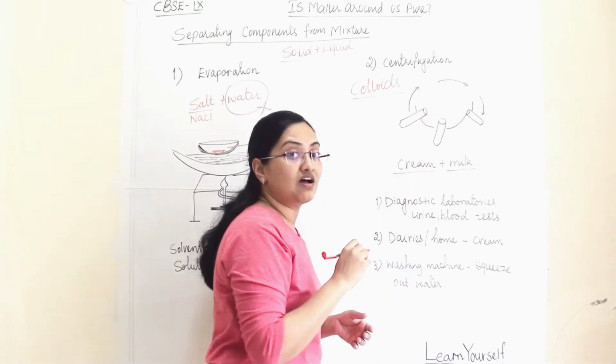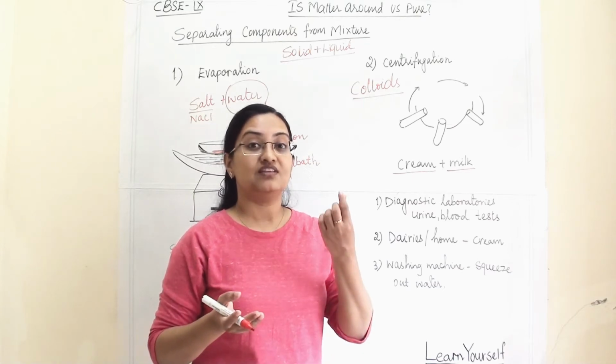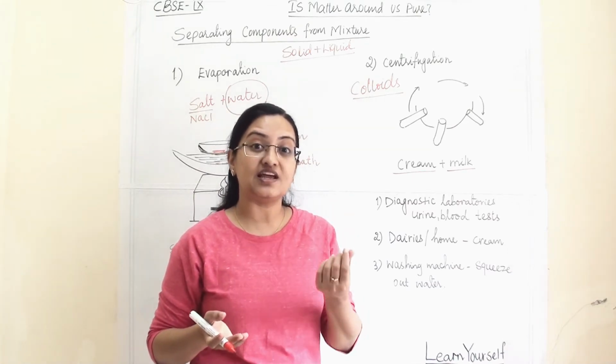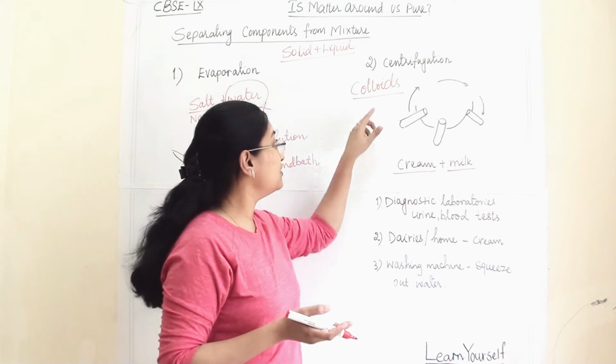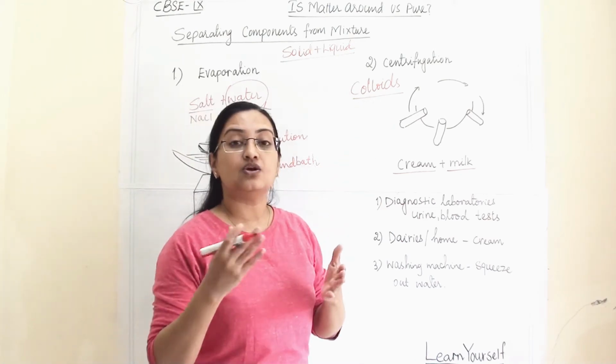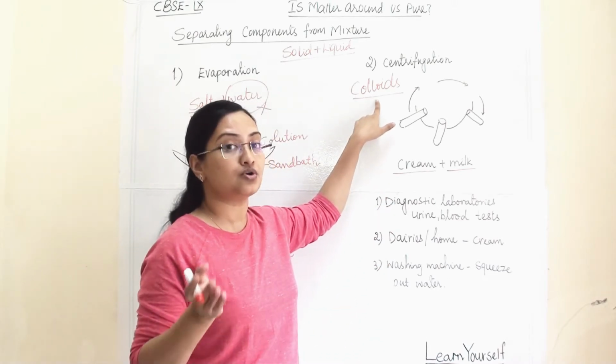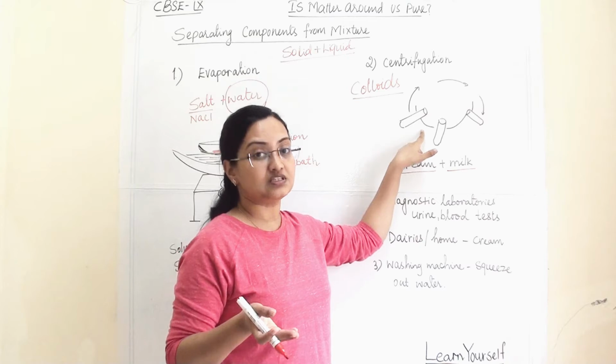These colloids are impossible to separate through filter paper because they are very minute, jelly-like particles. They will pass through filter paper, so we cannot separate them that way. To separate colloids from the solvent, we use this technique.